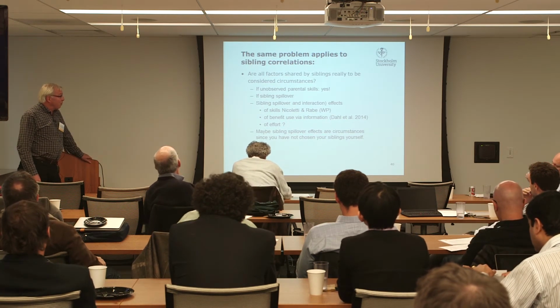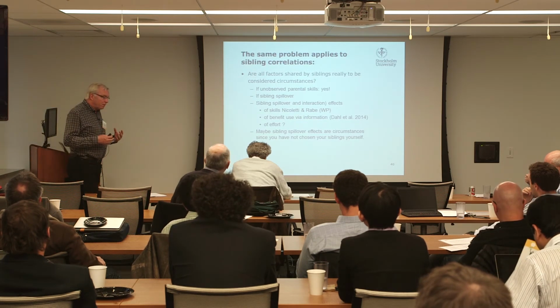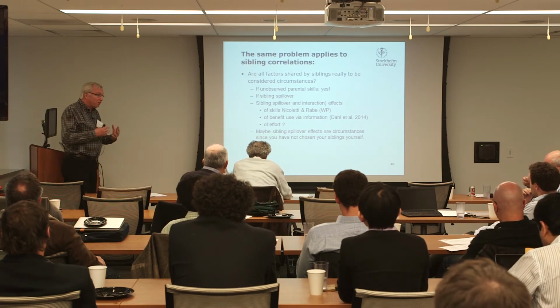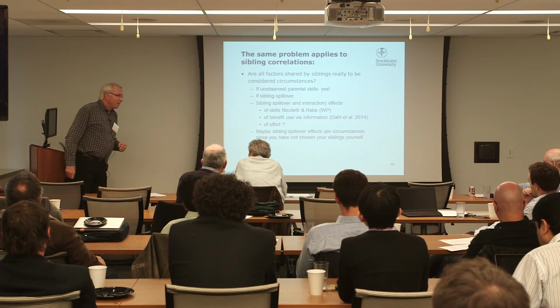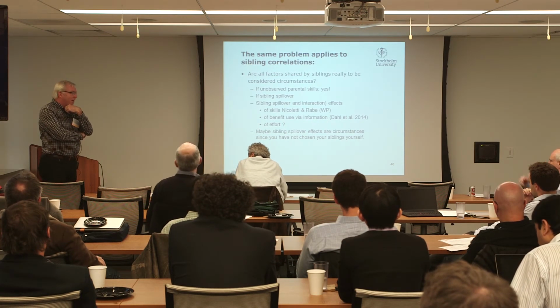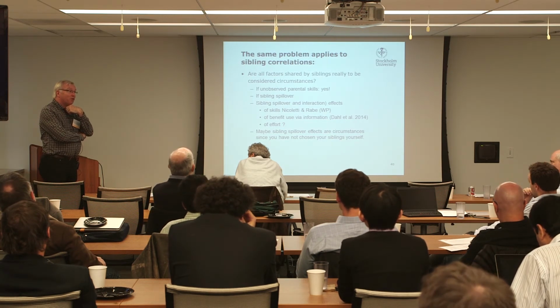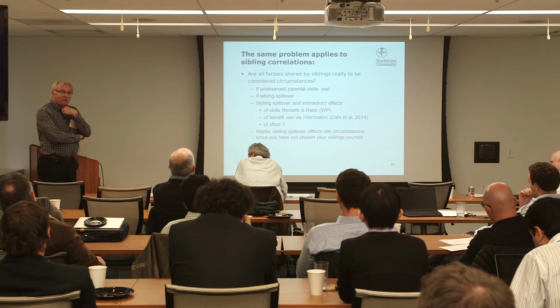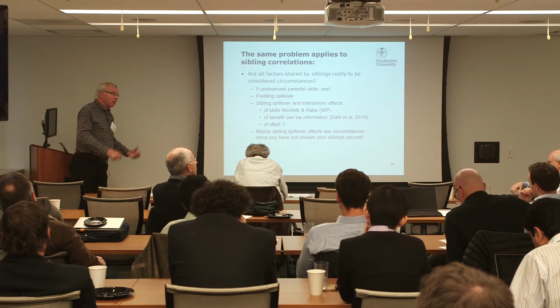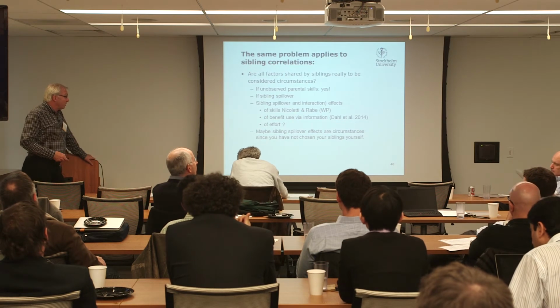And suppose that siblings devote a lot of effort because they interact, they stimulate each other. Is that a circumstance or is it an effort? Well, that's harder to say, I think, but after all, you have not chosen the siblings that you interact with. To some extent, I think it can be considered a circumstance.